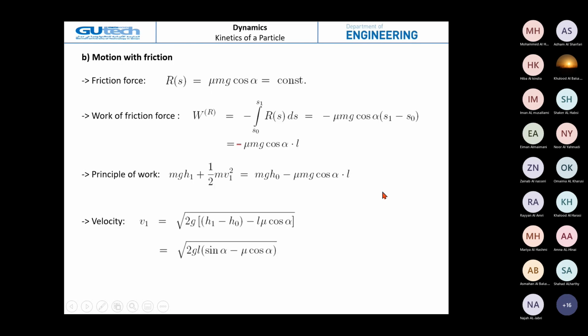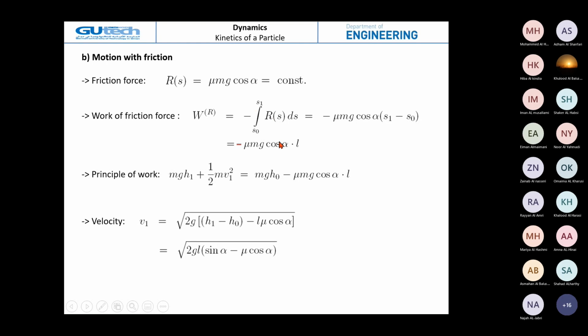Then in this case, R is only mu multiplied by N, and N is mg cosine alpha. The contact force N is mg cosine alpha. In this case, it doesn't depend on S. We do not have to integrate R. We can keep it out of the integral.